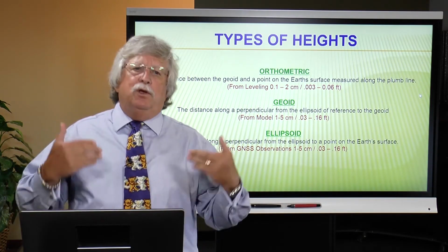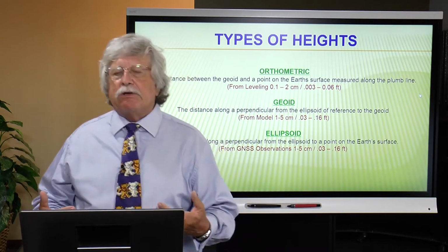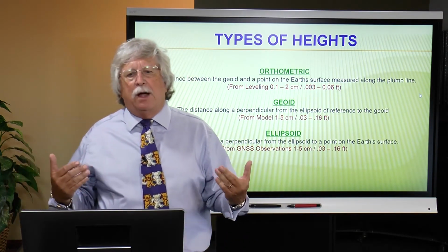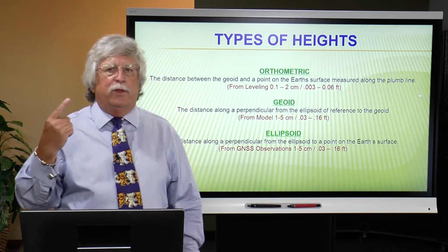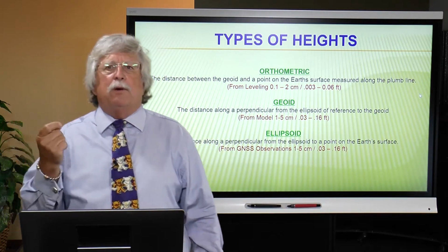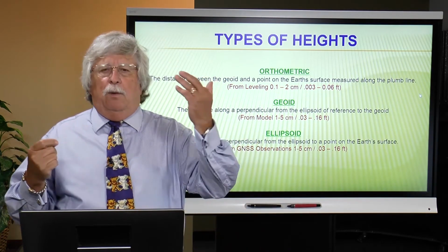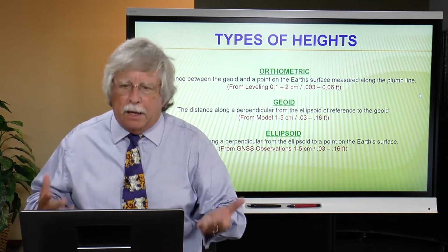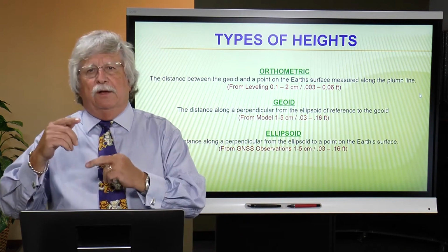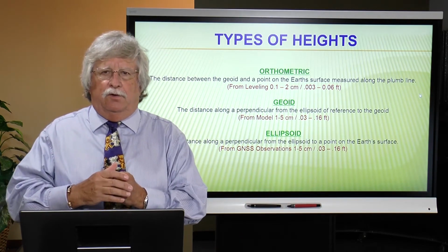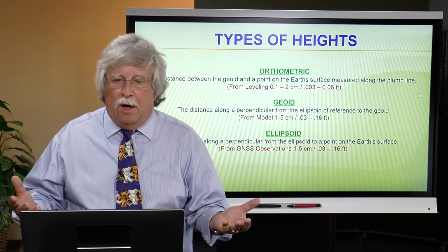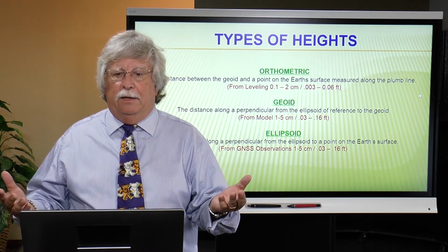So if I'm going to use GPS, GNSS to capture information about heights, I'm starting off with an ellipsoid height. That's going to be the primary data element that I'm going to acquire. And then I have to apply to it the geoid model, that is the difference between the ellipsoid and the geoid, to hopefully get a good quality orthometric height.